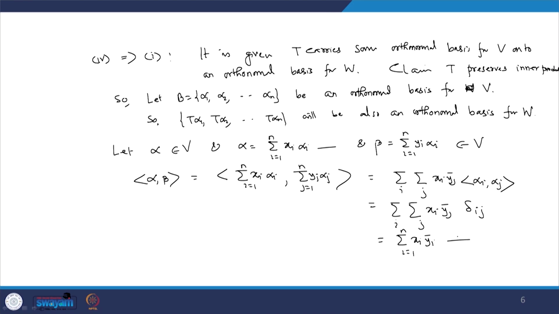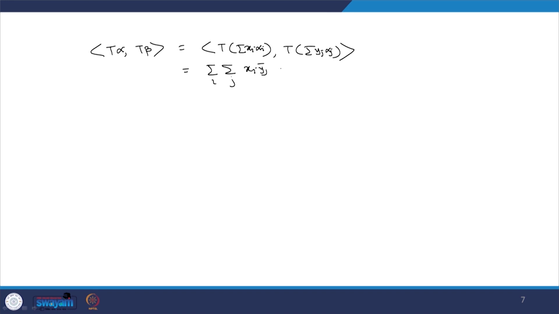Now, let us see what about the inner product of T alpha and T beta. So, the inner product of T alpha and T beta will be the inner product of T of sigma xi alpha I and T of sigma yj alpha j, and T is linear. So, this will be the sum over I, j of xi yj bar times the inner product of T of alpha I and T of alpha j.